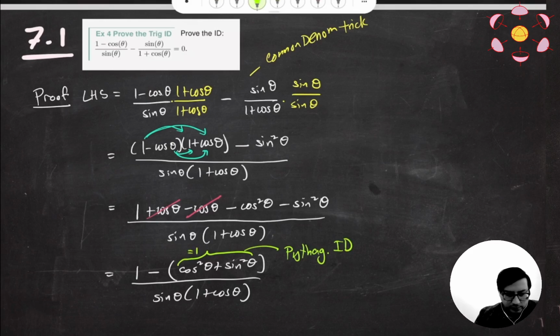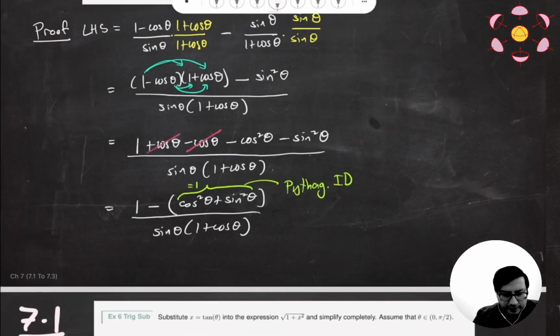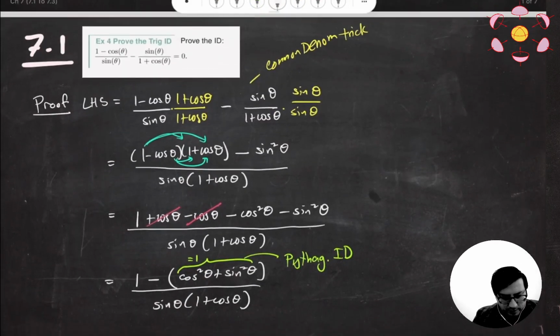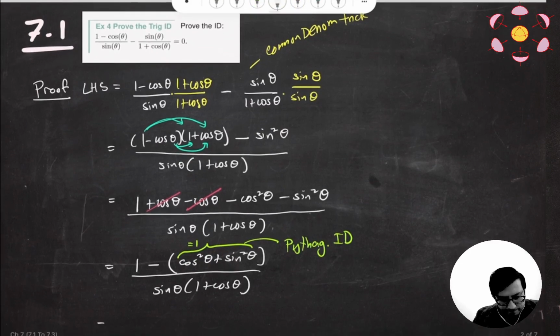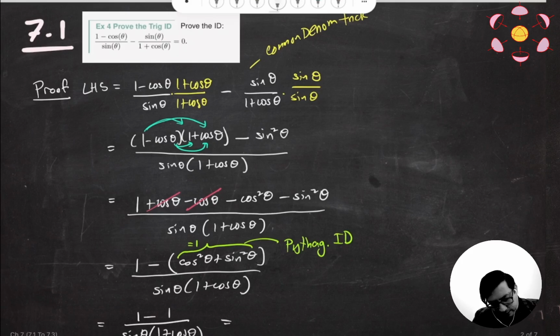This is equal to 1. So, this is curious. We get 1 minus 1 divided by the downstairs. Now, what's 1 minus 1? That's 0.